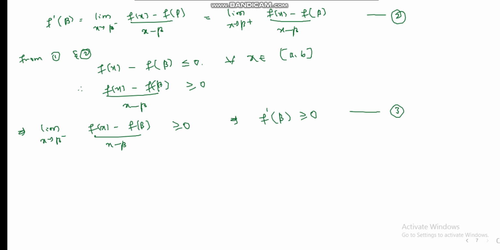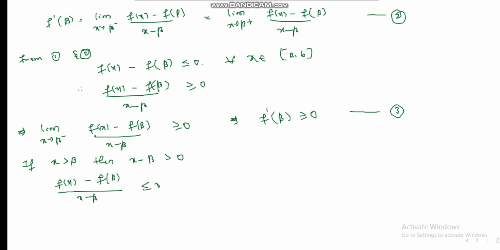If x is greater than beta, then x minus beta is greater than 0. So therefore we can write that f of x minus f of beta divided by x minus beta is less than or equal to 0.